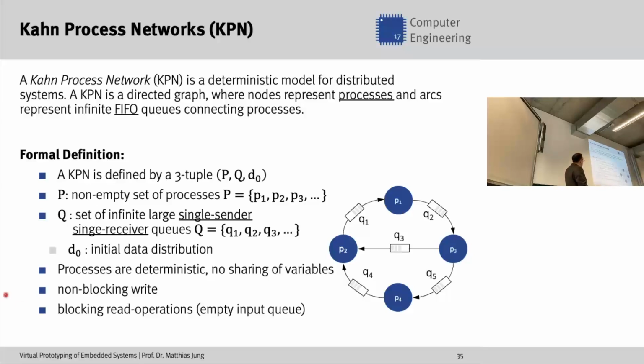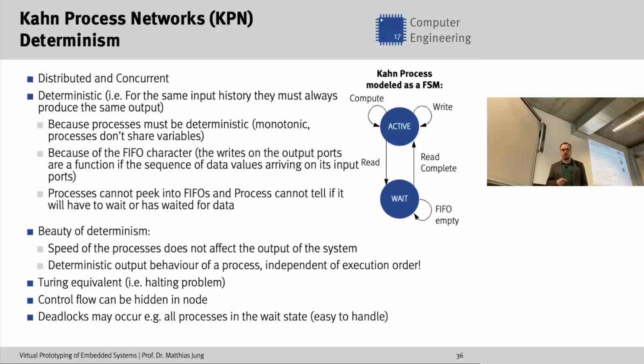So that means that if we say that the FIFOs are infinitely large, that automatically implies that the writes are non-blocking. Nevertheless, the reads are blocking. So a process will stop to execute here if there is nothing on the input queue, if it waits there. Yeah? So therefore we have blocking read operations, if the input queue is empty.